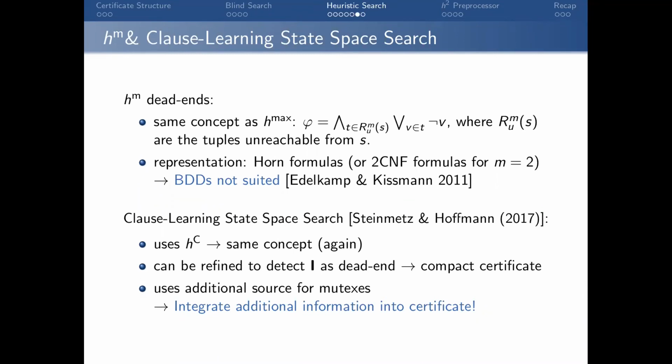And the last point I want to make about this algorithm is that you need to be very careful if you use additional sources of information. One thing we did not know about in the beginning when we wrote certificates for this algorithm is that they use additional sources for mutexes, additional information. And we did not consider this information in our certificates.